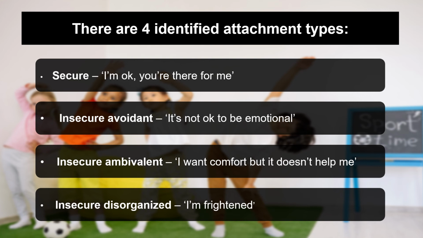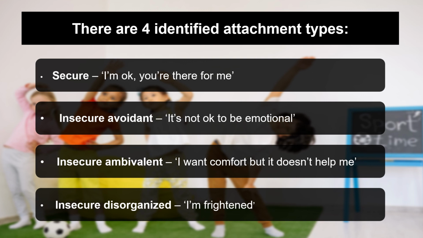Now, what is an indication of the secure attachment? The indication: I'm okay, you are there for me. So, here the child can trust his or her parents. So, this is an indicator of a secure attachment. It's not okay to be emotional. This is an indication of insecure, avoidant type attachment.